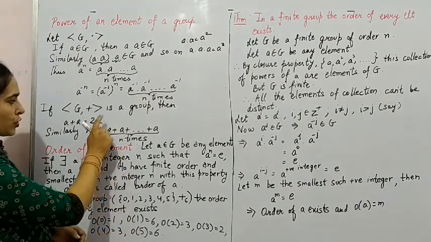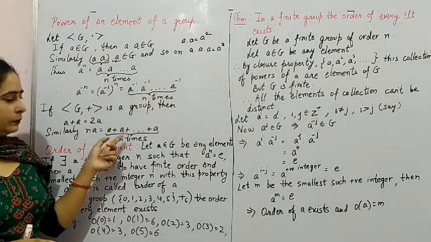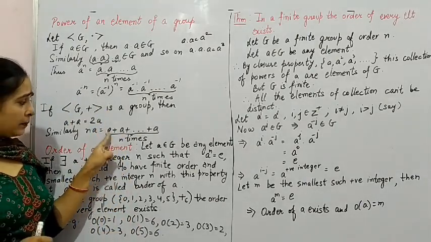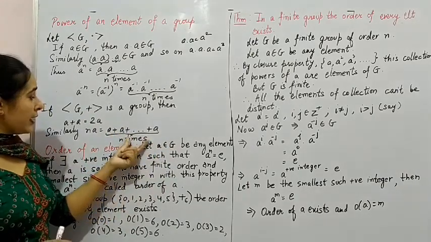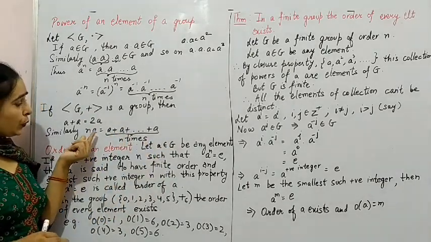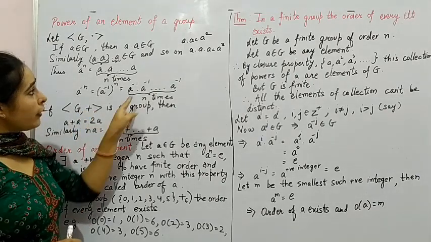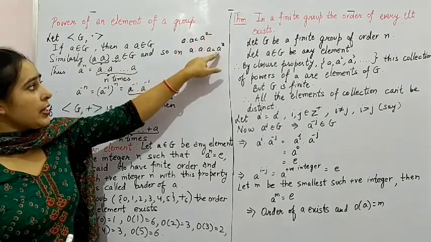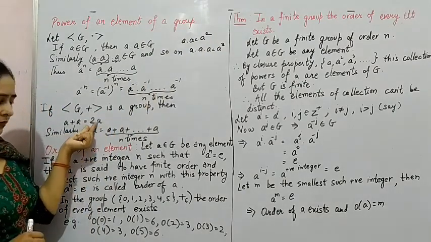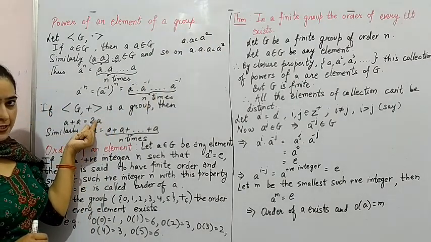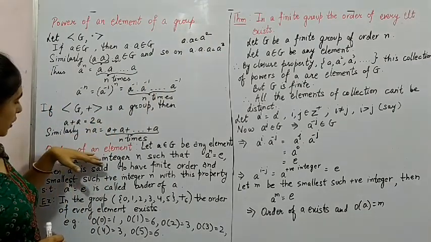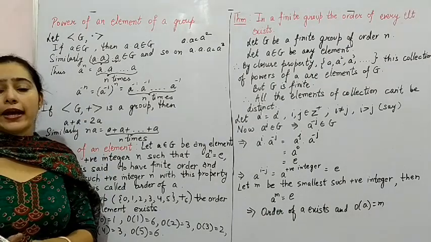So 2a belongs to G. Similarly, if we add a plus a n times, then we get na. So if the operation is addition, instead of writing a power, you write it like this. This is the difference.